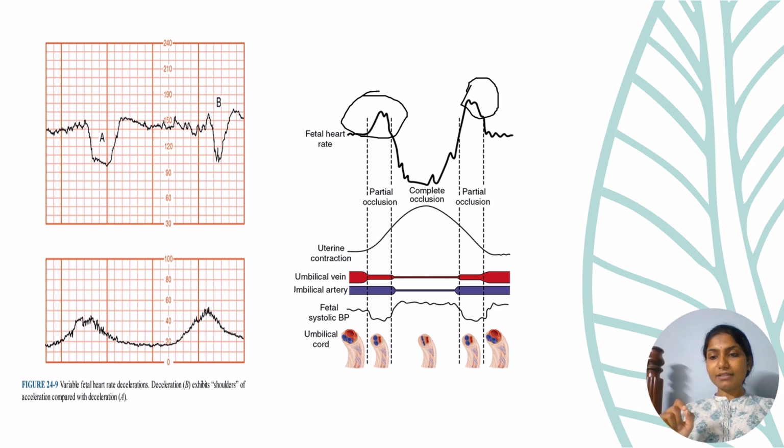What are the characteristics of this? One, the variability in the deceleration will be less. The second, it will last more than 60 seconds. And the third, there will be absence of shouldering. What is shouldering? The increase of fetal heart rate before and after the variable deceleration is called shouldering. So this will be absent in cases of complicated variable deceleration.